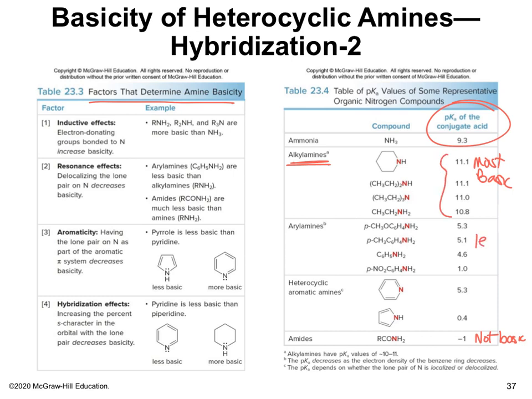These are less basic, the aryl amines. You see the nitro group is electron withdrawing. The methoxy group is an electron donating group. So this one's aniline. And then these are your heterocyclic ones. They're even going to be less basic.